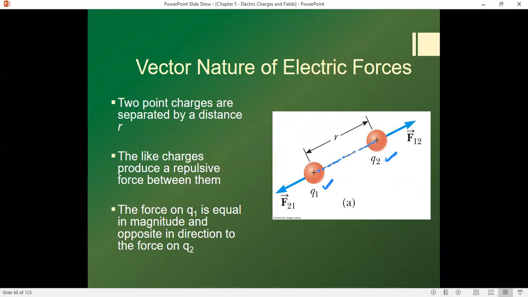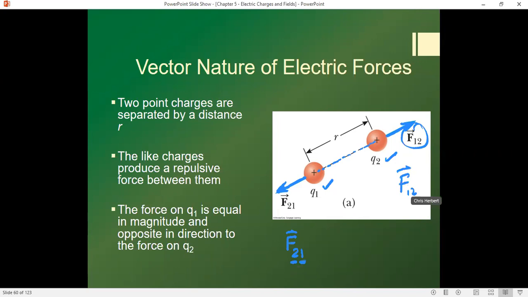They're both positive. So this force points this way, this force points this way. And I always have trouble with this because I do make the mistake of saying, this is the force due to 2 on 1. So we'll write that as F21, okay? F21 is actually the force on 1 due to 2. Likewise, look at this up here.